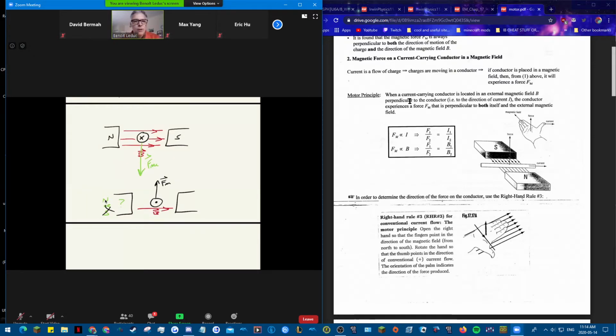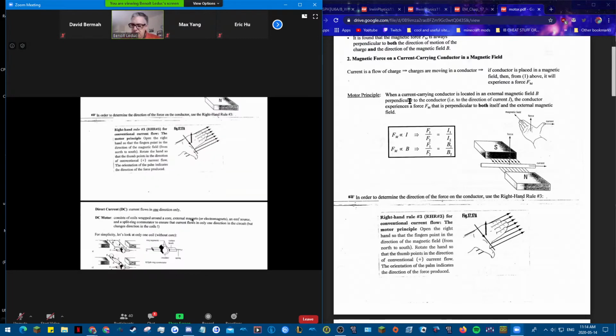If the magnetic field goes this way, and the magnetic field outside of a magnet always goes from north to south, that means that this is north and this is south. You good? All right. So this is the FBI agent: force, magnetic field, and current. All right. Okay. So have fun with this.